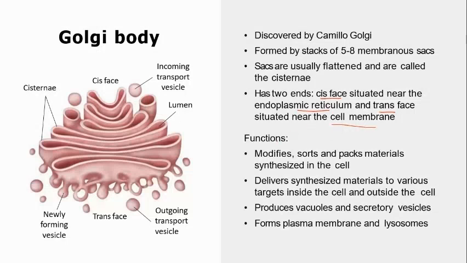Functions: it modifies, sorts, and packs materials synthesized in the cell. It delivers synthesized materials to various targets inside and outside the cell. It produces vacuoles and secretory vesicles, and forms the plasma membrane and lysosomes.